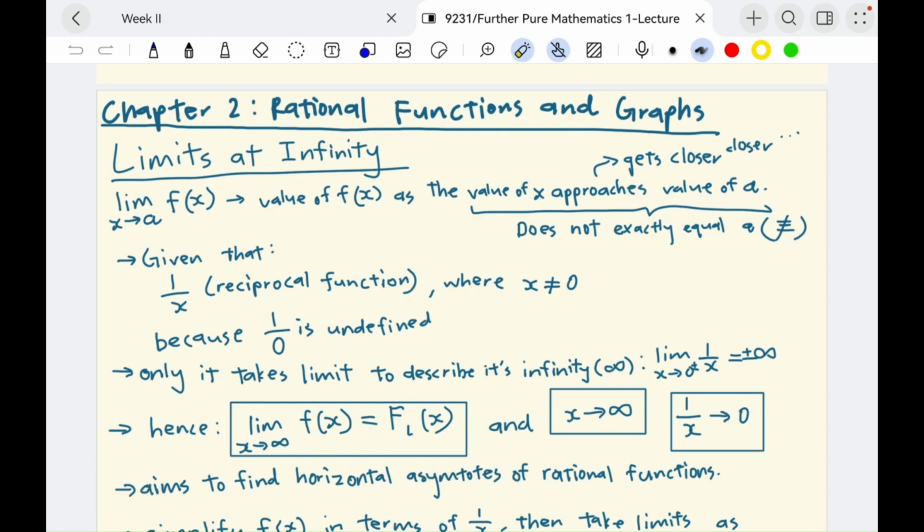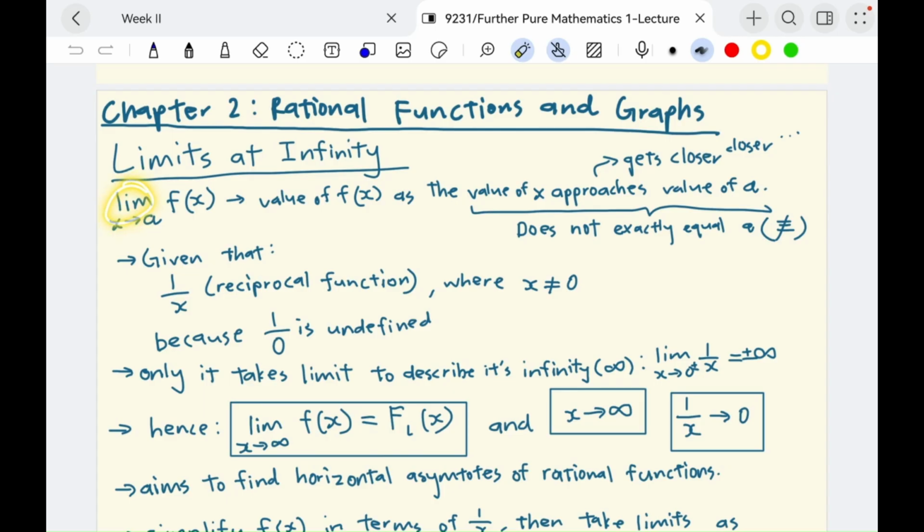Alright, so the limits at infinity. First, let's define what limits are. A limit is the value of f(x) as the value of x approaches the value of a. Here is my mistake, I accidentally put the x as a, so please change it to x. To represent the limit, we put lim.